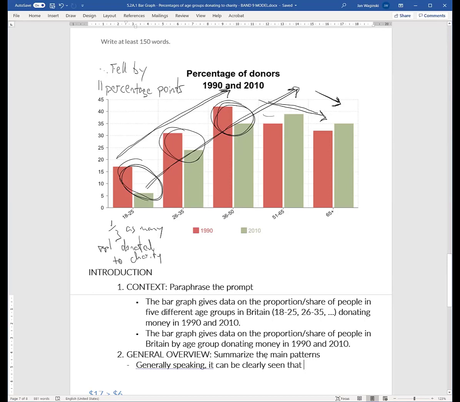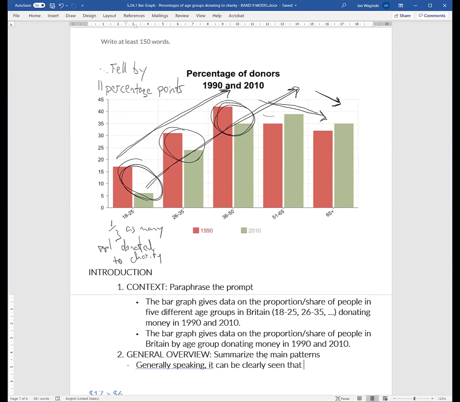Generally speaking, it can be clearly seen that the first 3 categories of people in 1990 gave more money than in 2010. And what about the rest?